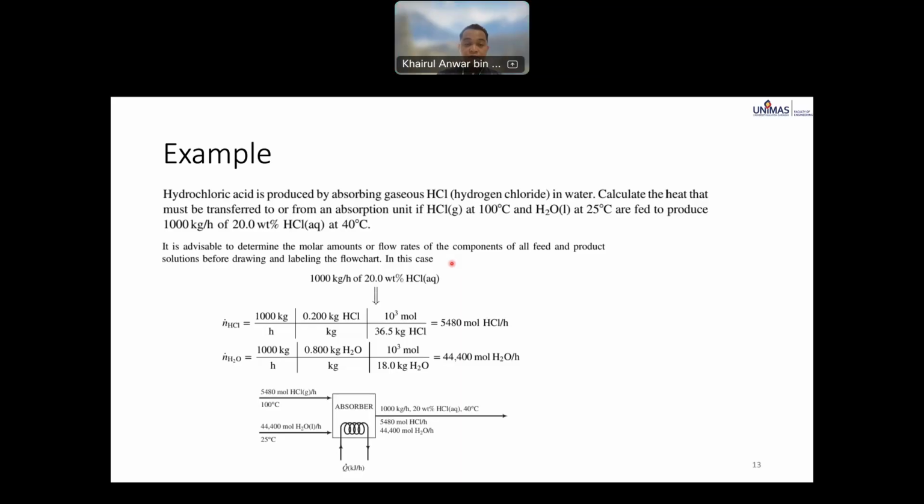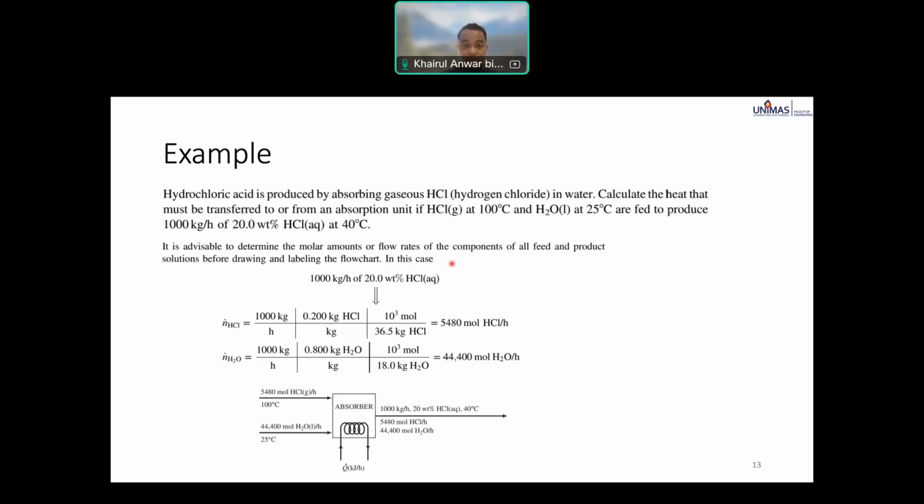From there, we calculate n_HCl, which is the inlet for hydrogen chloride in gaseous form. So we get 5480 mole HCl per hour.